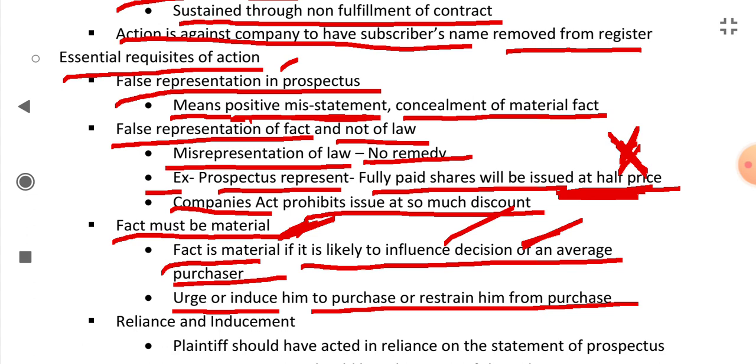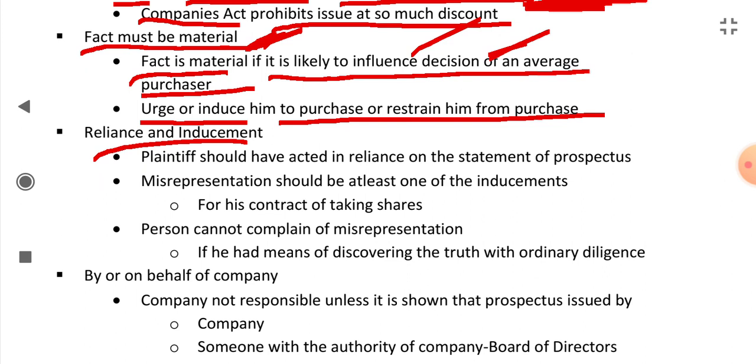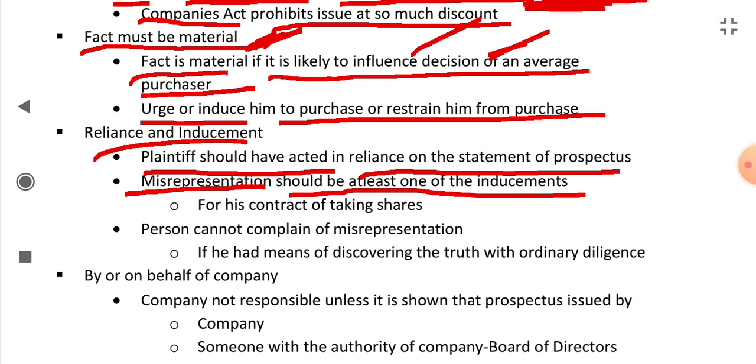Reliance and inducement. The plaintiff should have acted in reliance on the statement of the prospectus. The plaintiff should have bought the shares by believing in the statement of the prospectus. Misrepresentation should be at least one of the inducements for his contract of taking shares.